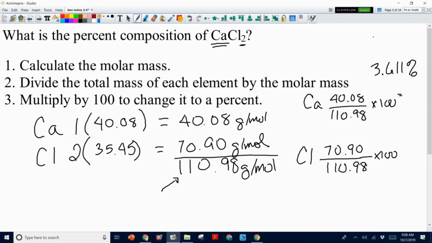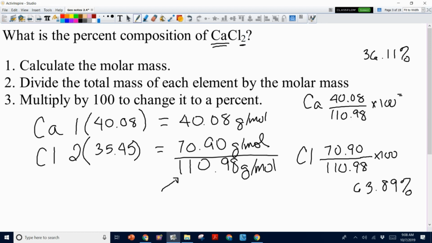We're going to get 63.89%. Now, do you want to check your work? I'm sorry. My calculator gives me answers in scientific notation. So this is 36.11%. I didn't see the moving of the decimal.